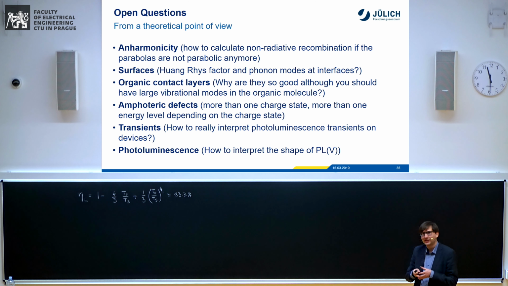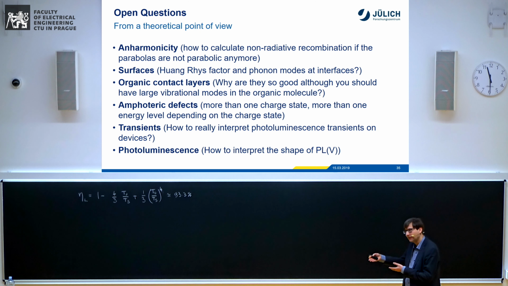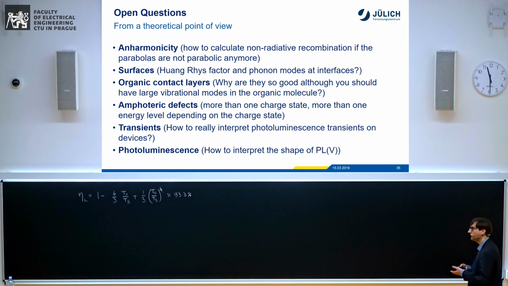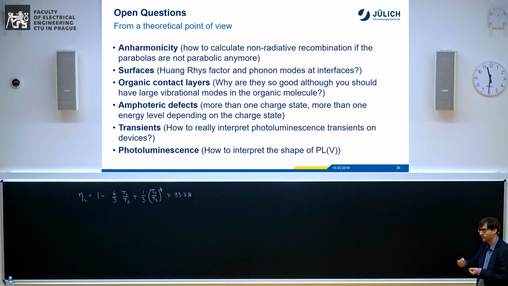And then the question of organic contact layers. These high open circuit voltages were achieved with two organic contact layers. This leads to problems, I think, in fill factor, for instance, because they're not very conductive, but it seems to work very well in terms of recombination. Now, why is it working so well? I would say the large energy of vibrational modes in organic semiconductors should actually be a disadvantage for passivation and recombination purposes, but it doesn't seem to be a disadvantage.